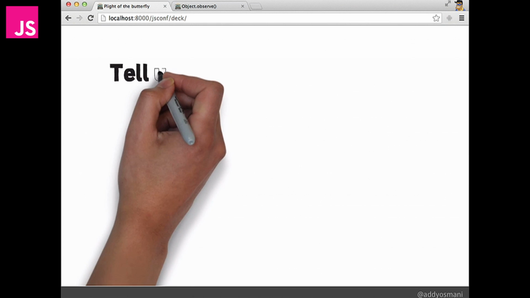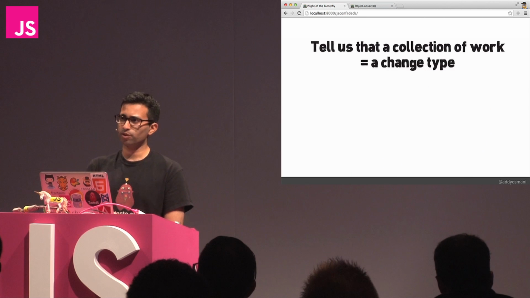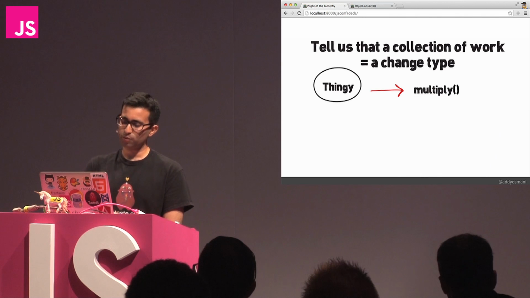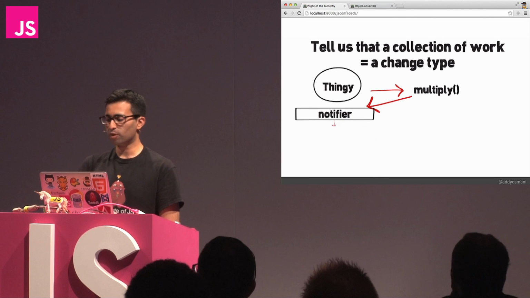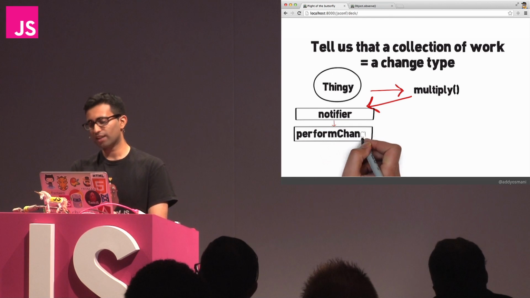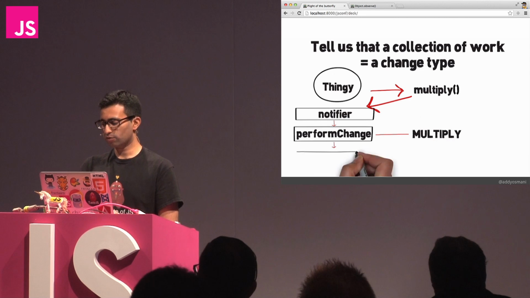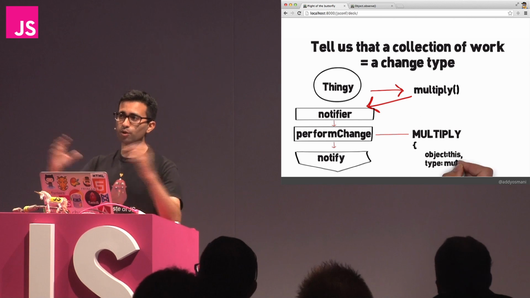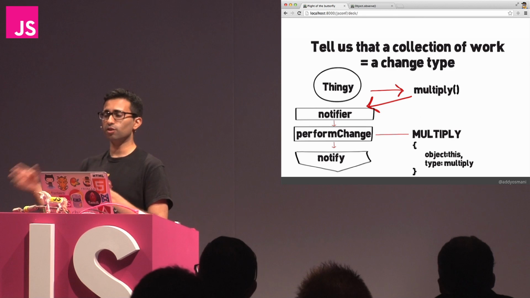Now, the next thing we're going to talk about is large-scale changes, being able to tell us that a collection of work is equal to a custom change type. So imagine that we have a function or a class called thingy, which has a multiply functionality. We then have access to the notifiers we talked about earlier. And then we have this idea of a perform change function, which basically lets us say, this is some large piece of functionality, and I want to be able to describe this in terms that other things can observe.